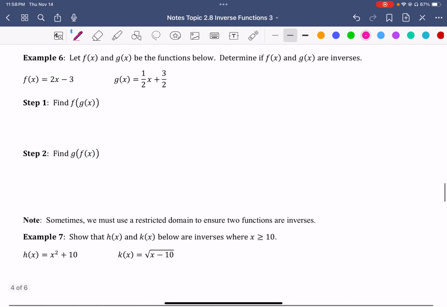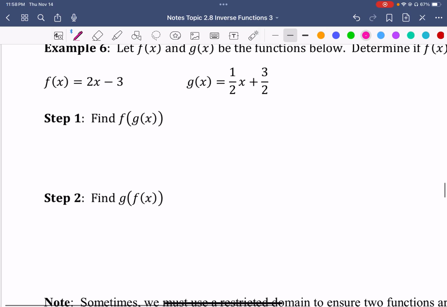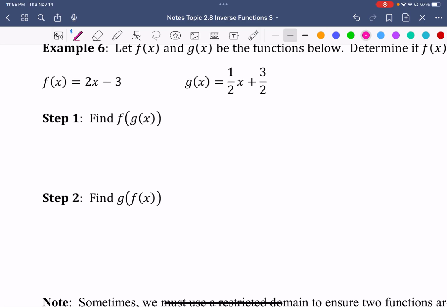Okay, so example 6, let f of x and g of x be the functions below. Determine if f of x and g of x are inverses. So step 1, find f of g of x. The first thing you need to do is figure out what is on the inside of the composition. I see the inside has g of x, which is 1/2 x plus 3 over 2.